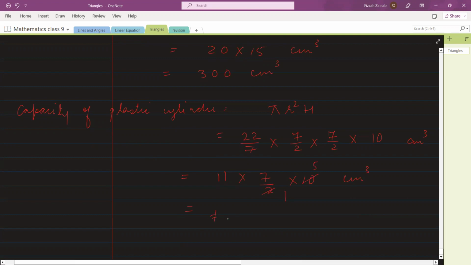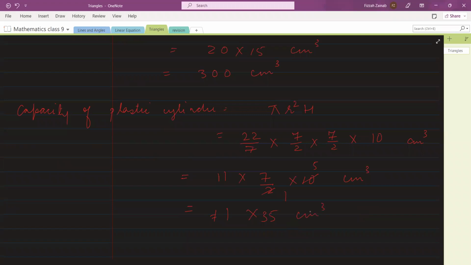So this is just 11 into 7 into 5 centimeter cube. Now this you can multiply, 385 I'm getting here centimeter cube.